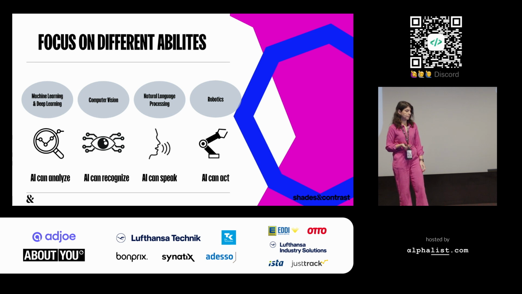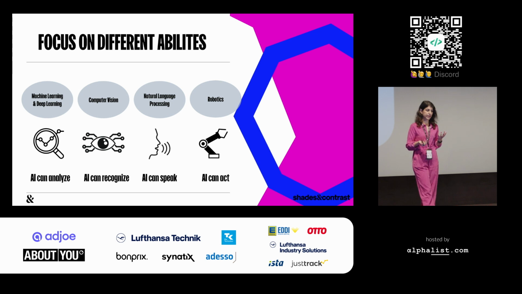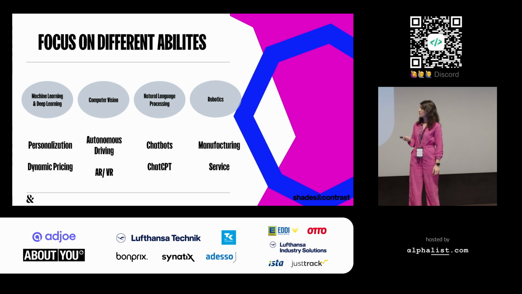Machine learning and deep learning can analyze big amounts of data. Computer vision is recognizing something, so it's the seeing ability. Natural language processing is about whether the AI can answer and respond, so it's the speaking ability. And robotics can actually act, so software is meeting hardware.